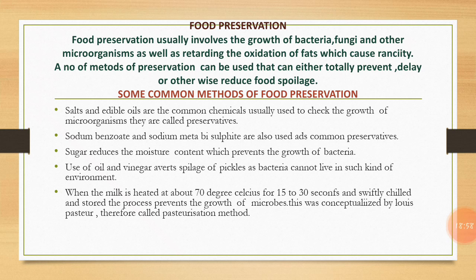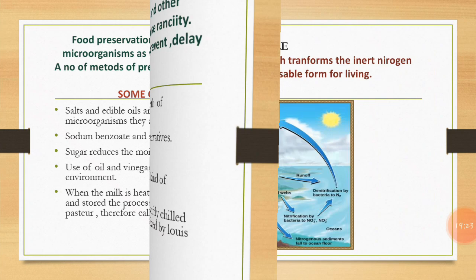It was first described by Louis Pasteur, and it is used to prevent the spoilage of milk. So milk is preserved by pasteurization. These are some common methods mainly used to preserve food.